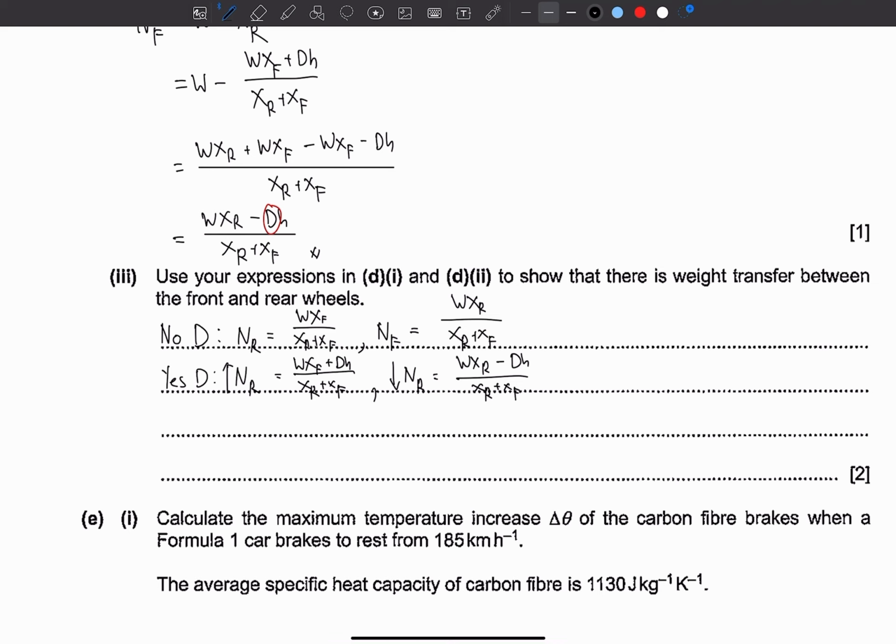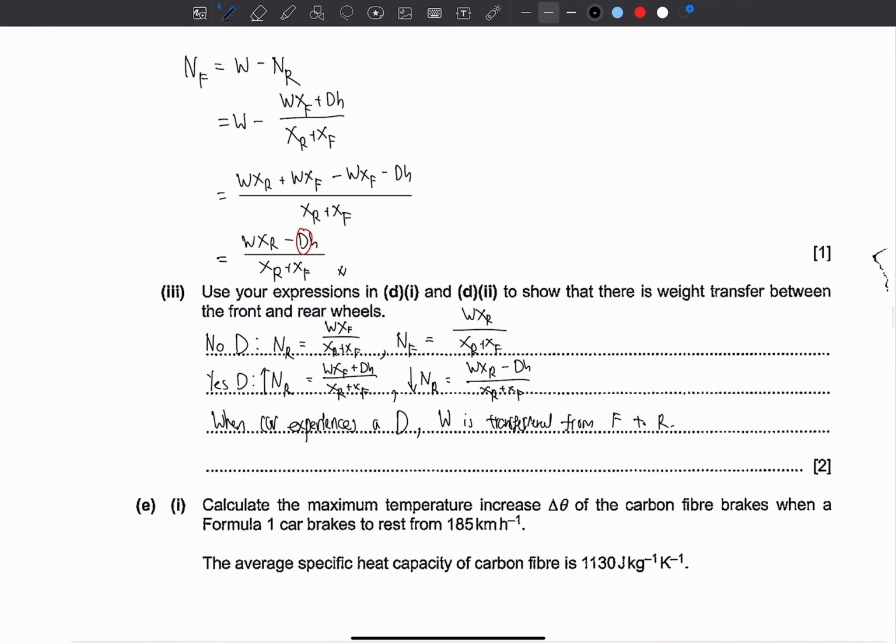Right. This tells us that when the car experiences a driving force, the weight is transferred from the front to the back, from the front to the rear. So this shows that there is a weight transfer. Right, next.